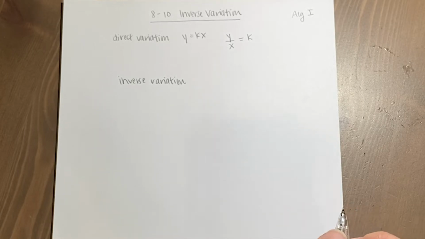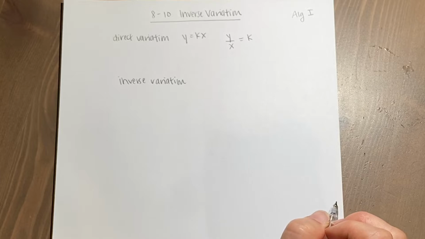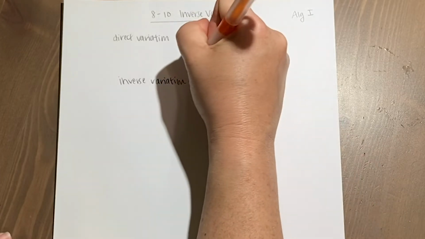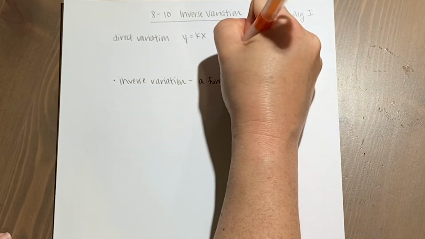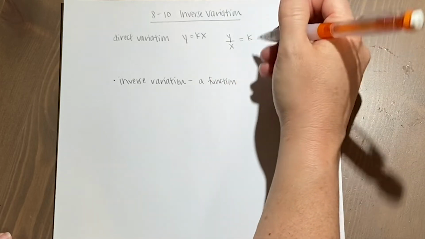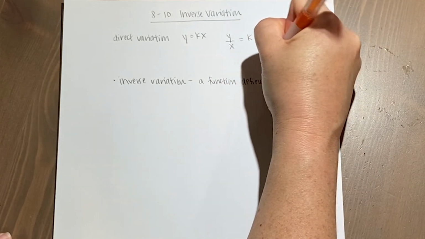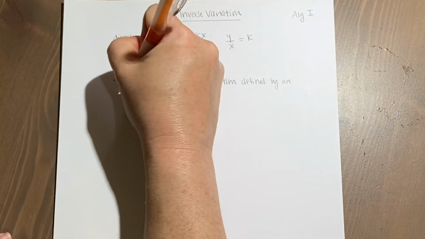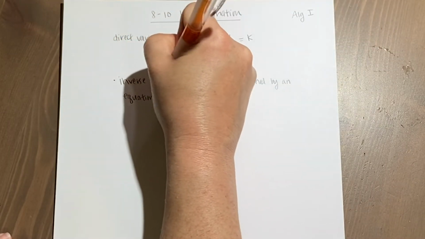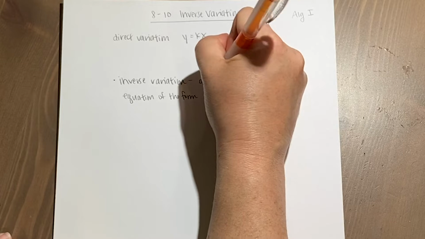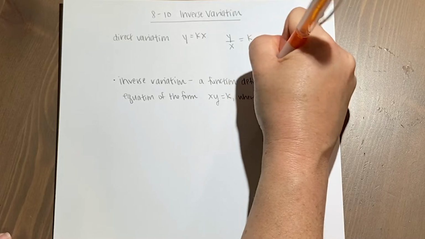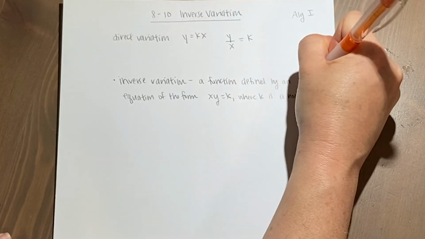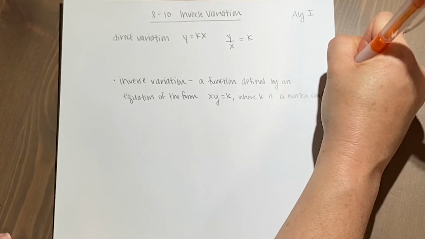That's an inverse relationship. An inverse variation is a function. So this is our formal definition. An inverse variation is a function defined by an equation of the form x times y equals k, where k is a non-zero constant.